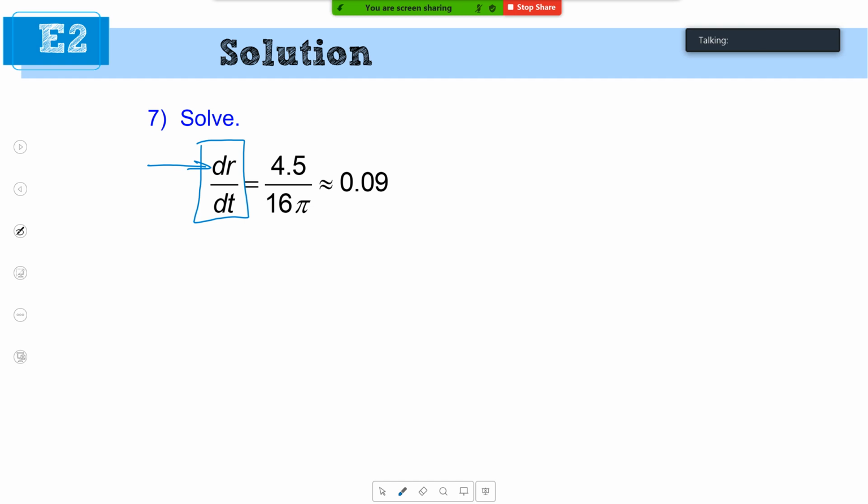Was it feet? I think so. We'll go with it. Over the units of the time. Minutes. Okay, done. The units of the left-hand side of this equation have to match the units of your answer.